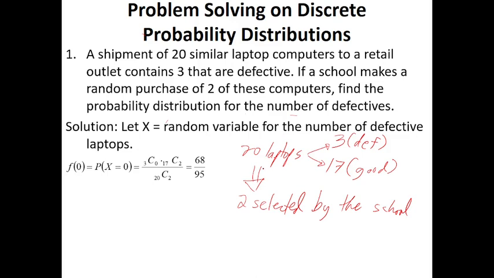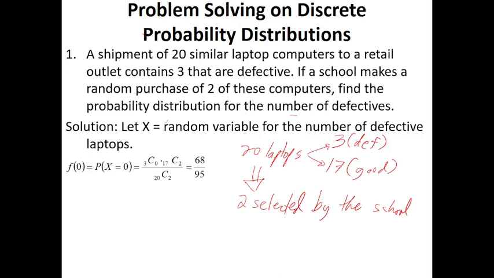First thing to do, we have to determine the random variable. After that, we have to identify all the possible values of that random variable. And then we have to identify also the probability of the random variable equal to a certain value.